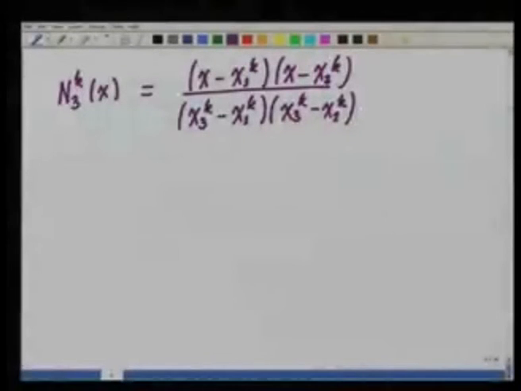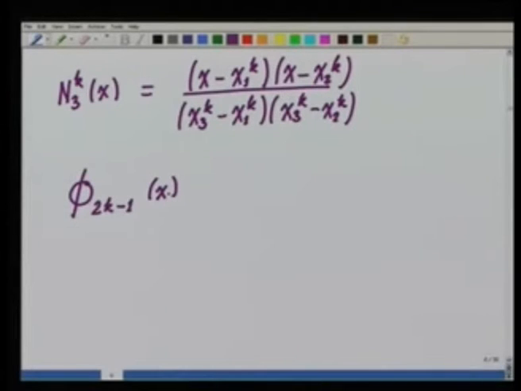Okay. Now, what do we know? If I look at the function phi 2k minus 1 of x, where is this function?